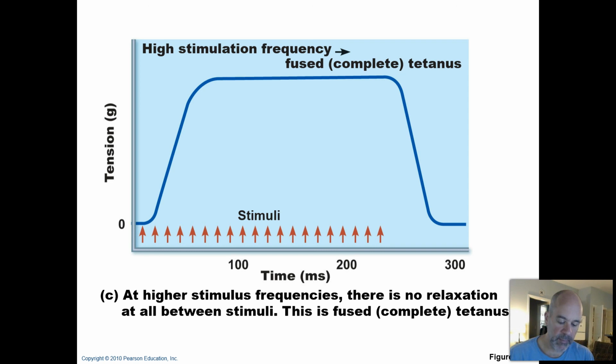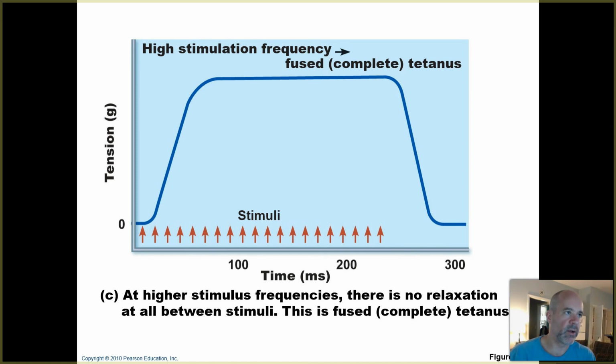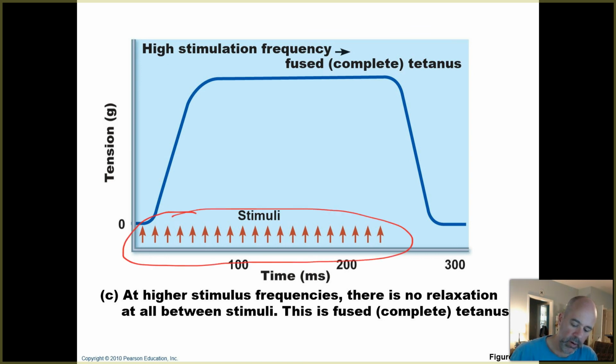All right, now this is what happens when you are going to maximally contract a muscle. So notice down here on the bottom, the motor neuron is sending action potentials, boom, boom, boom, boom, boom. It looks like every 10 milliseconds or so, the motor neuron is firing, firing, firing. And so you start the cross bridges, and there's no time for the cross bridges to relax before the next stimulus has come from the motor neuron.